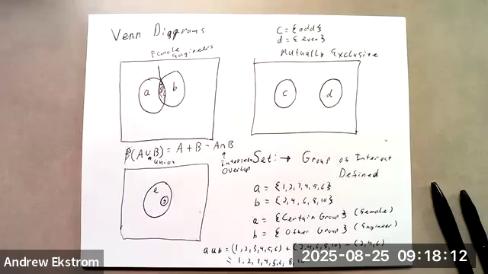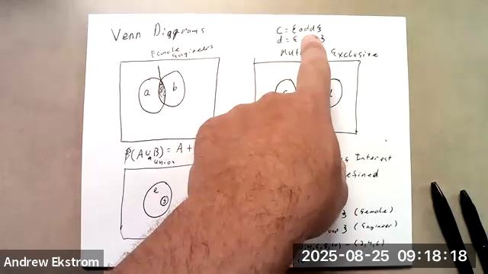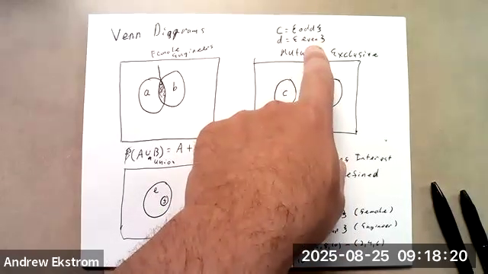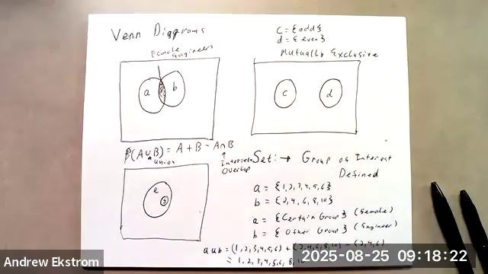I've had students try before, and without coming up with something like all the numbers less than 10 and all the numbers greater than 20, it's really hard to come up with a group that is actually mutually exclusive like that.